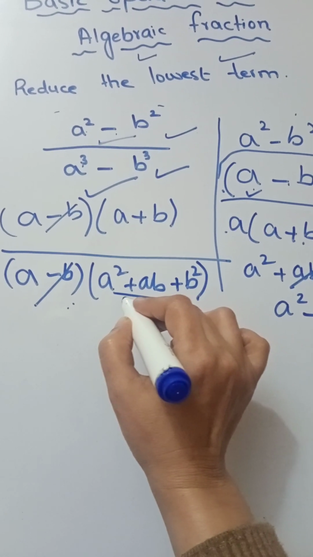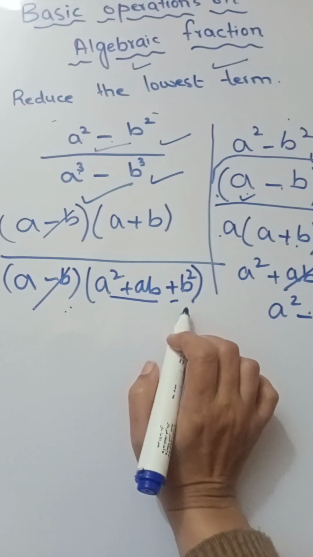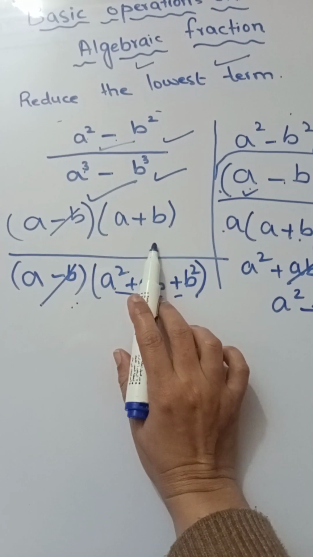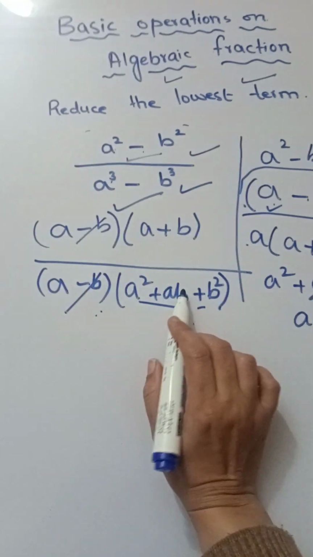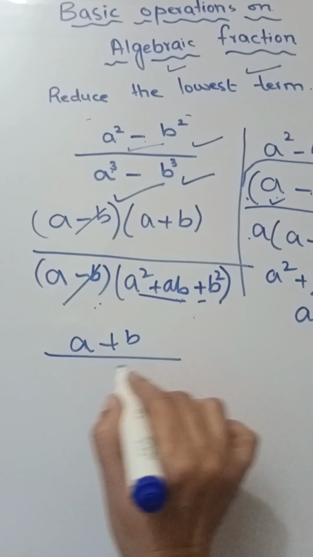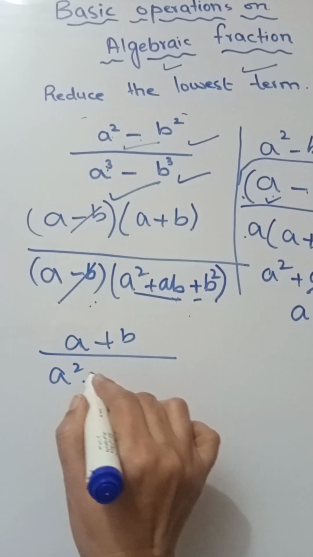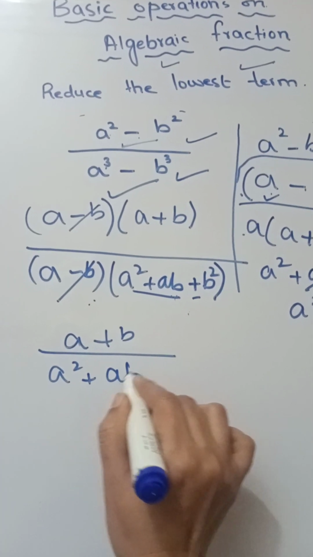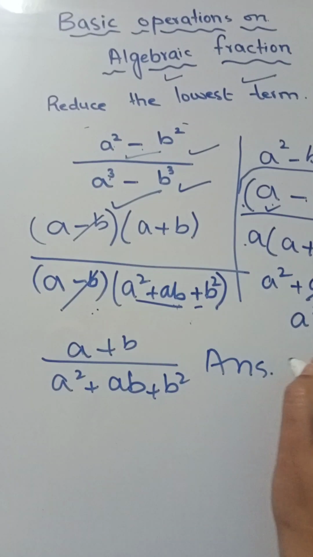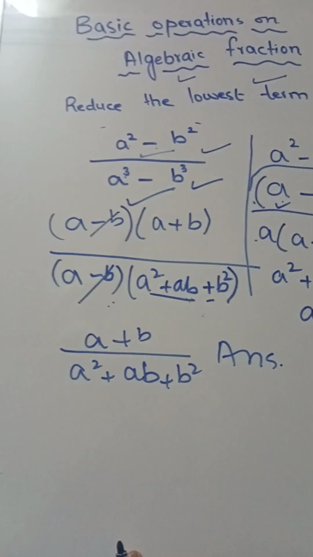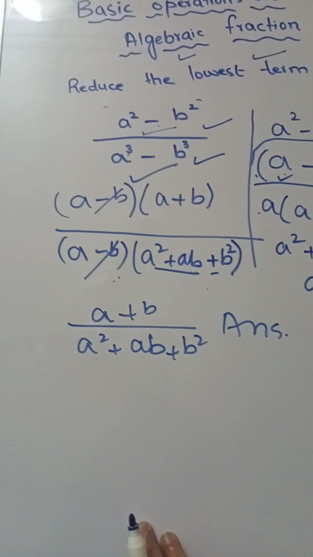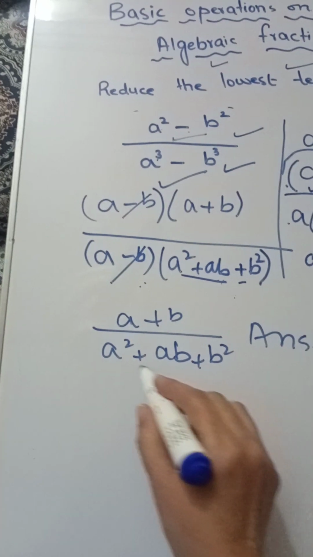If we have minus in the middle, we can cancel it. Now there is no possibility to divide, so we have to keep it that way. It's the answer of this algebraic fraction, and we cannot divide it any further, so we consider this as the answer.